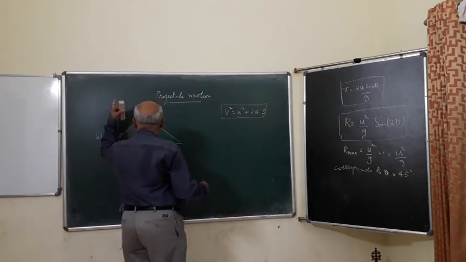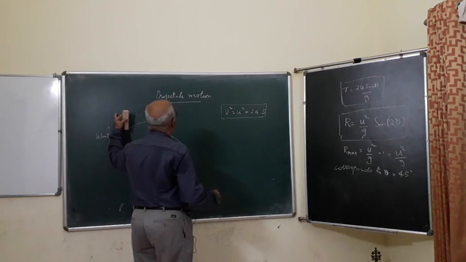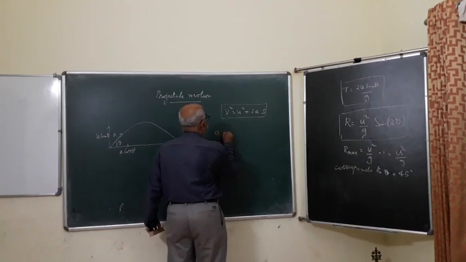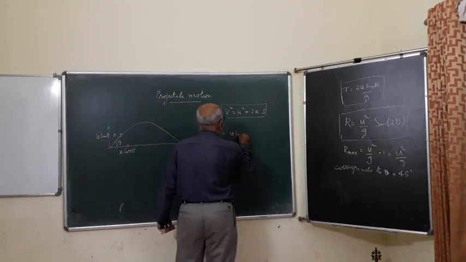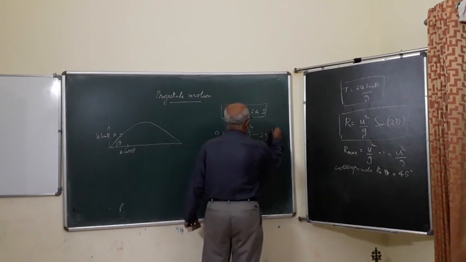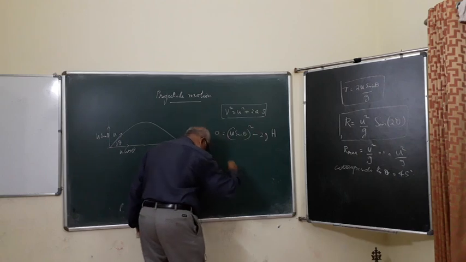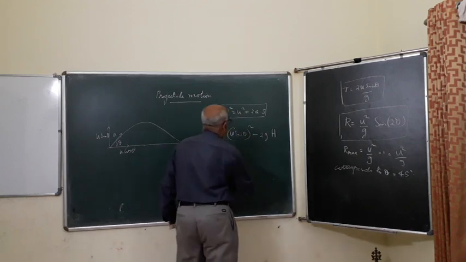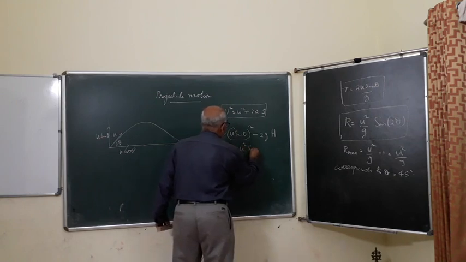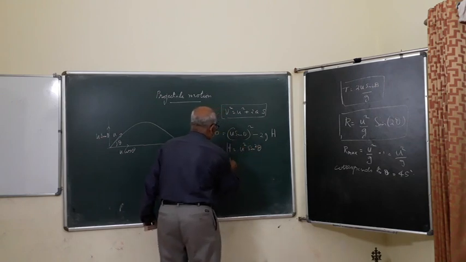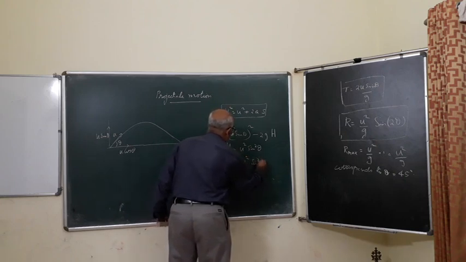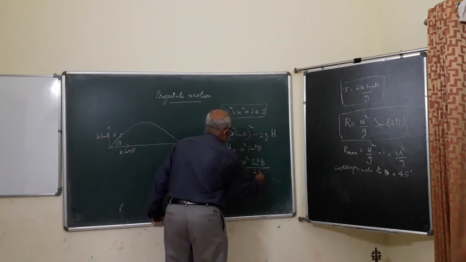The final velocity, upward velocity, when it reaches the maximum height, is v equal to 0. So 0 is equal to u sin theta square minus 2gh. Taking this to the left hand side, we find 2gh is equal to u square sin square theta, or h is equal to u square sin square theta over 2g.